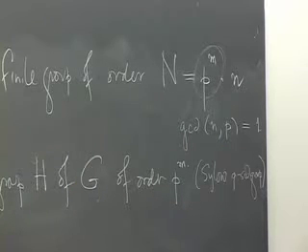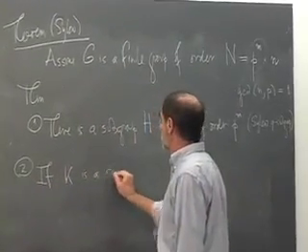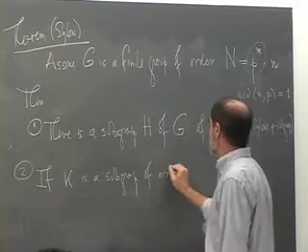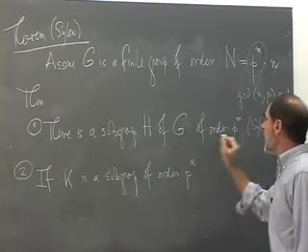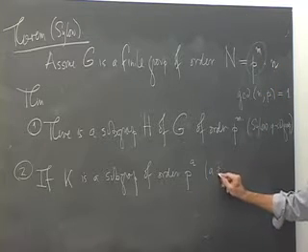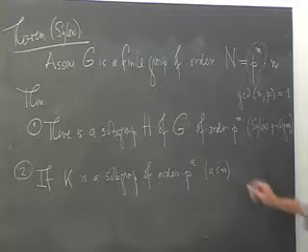2. If K is a subgroup of order p to the a, any a, we know a is less than or equal to m because the order of a subgroup has to divide the order of a group.